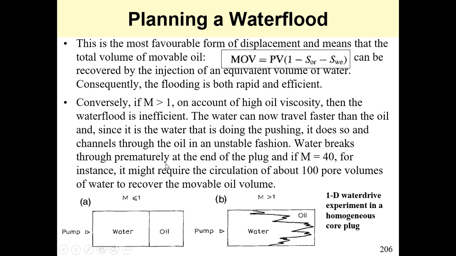Water breaks through prematurely at the end of the plug, and if M is, for example, equal to 40, it might require circulation of 100 pore volumes of water just to get 1 pore volume of oil. So you see, this is why the mobility ratio is critical, so that your water flood project will be efficient.